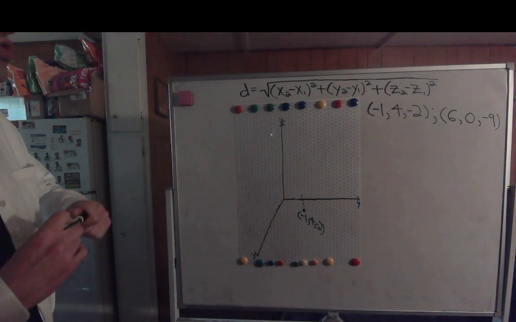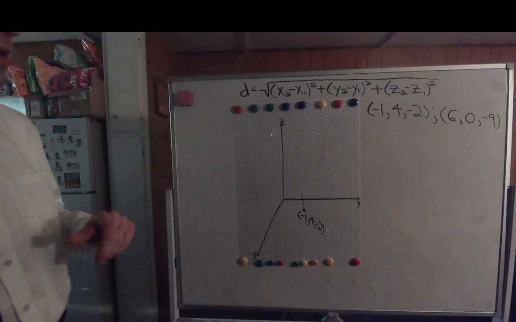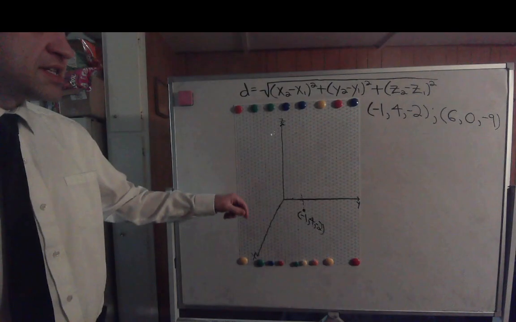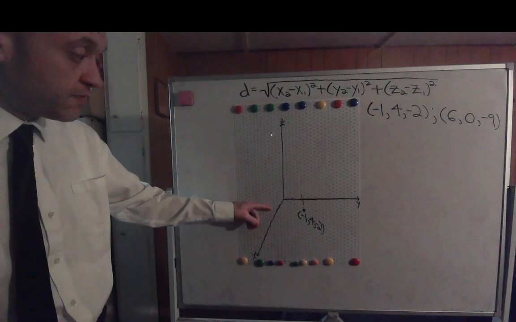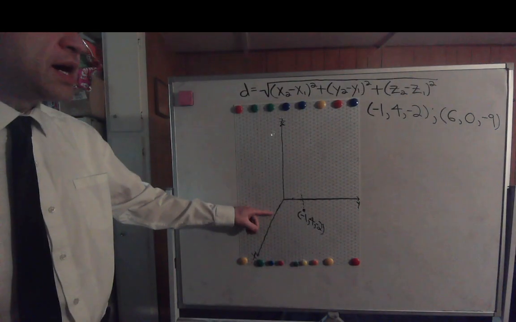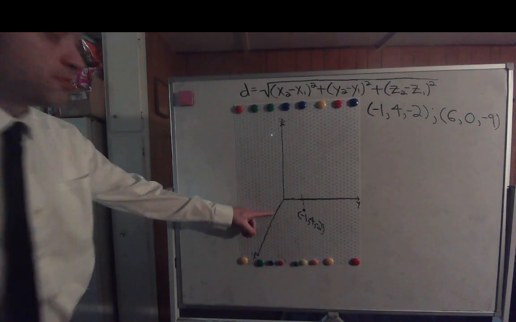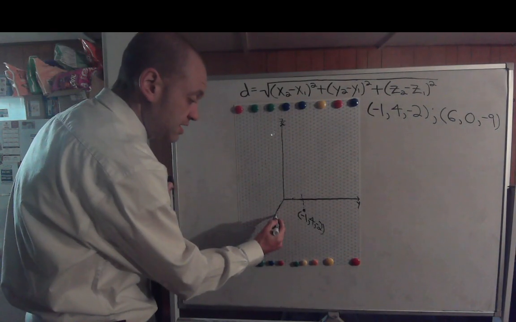Now let's also draw 6, 0, -9. So if we go 6 in the positive direction on the x-axis, so 1, 2, 3, 4, 5, 6. Now we don't go anywhere on the y because y is 0, but from about here we're going to go down 9 units on z.